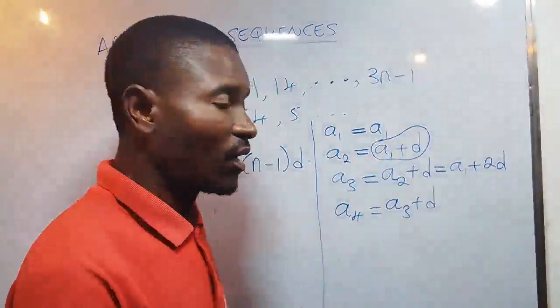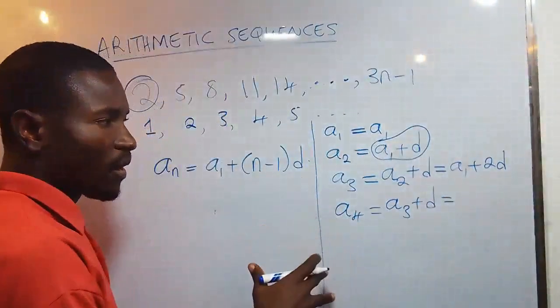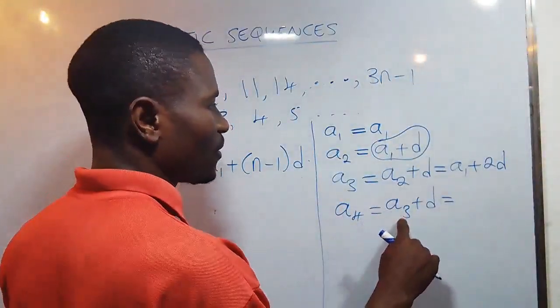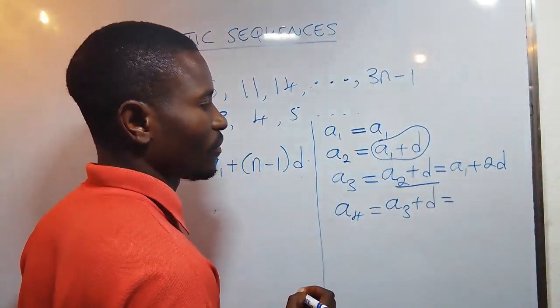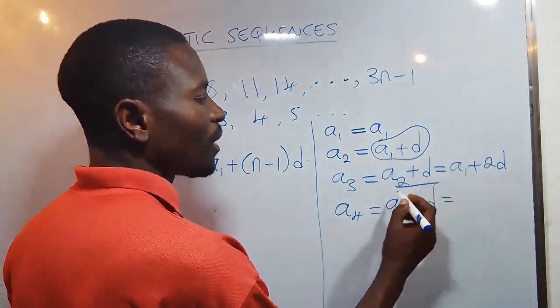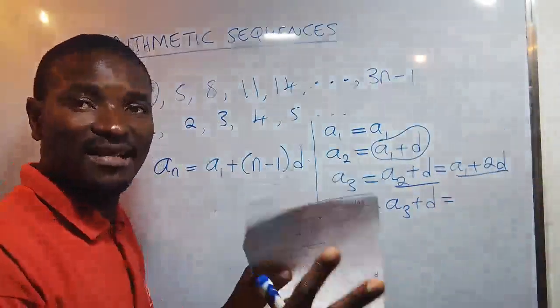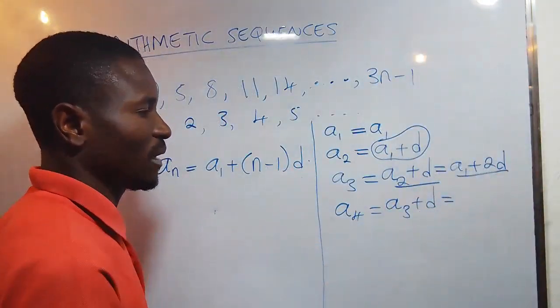Now from there again, you can also say, I know that A3 is this one, okay? Or A3 is also this one. This one and this one, they are just the same thing, but I'll just get the first one, okay?